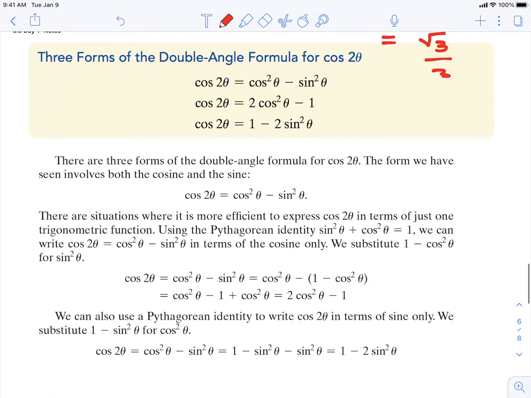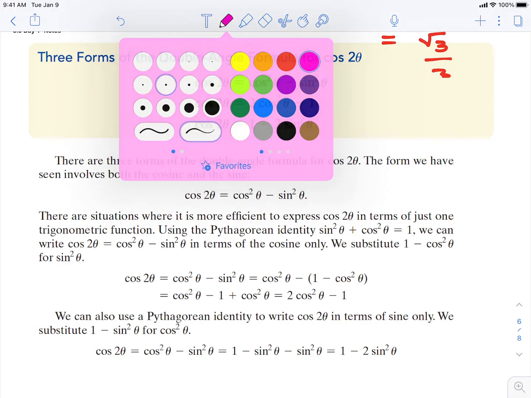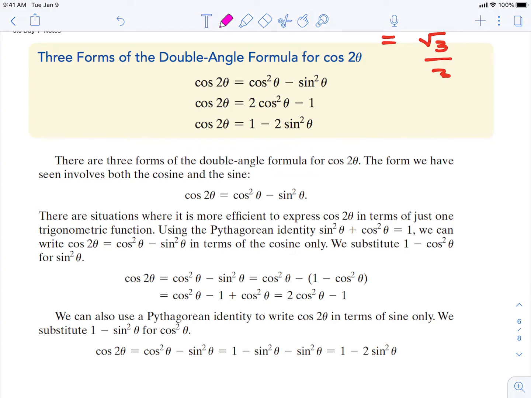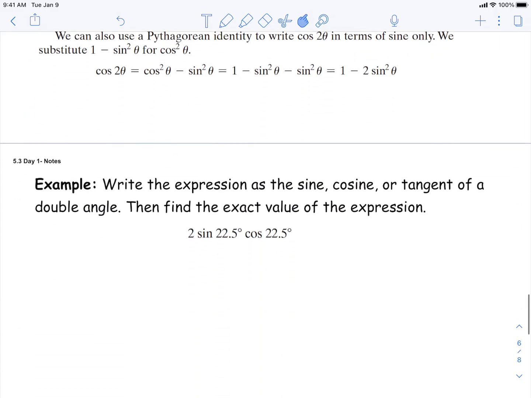All right. We've talked earlier about the double angles. There's one formula set that has 3 different forms for the cosine of 2 theta. So they are all below. It doesn't matter which one you choose when you're trying to evaluate an expression, but sometimes if we go into verifying trig identities, then we'd want to work with a certain form.